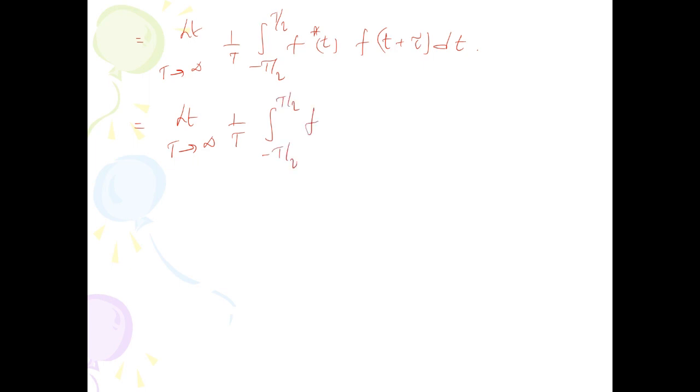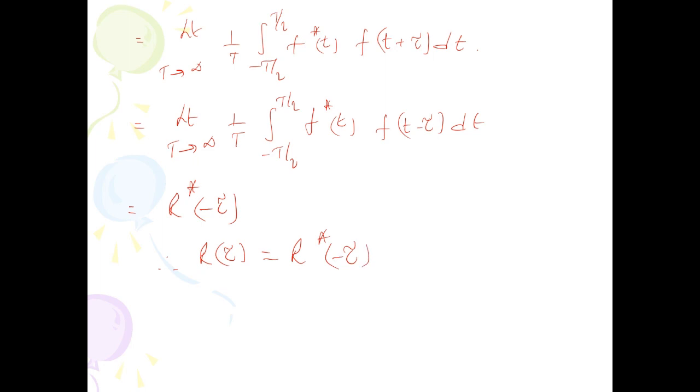Then we get limit T tends to infinity 1 by T integral minus T by 2 to plus T by 2 of f star of t and f of t plus tau dt. This is nothing but R star of minus tau. So R of tau is equal to R star of minus tau. This is for energy signals.